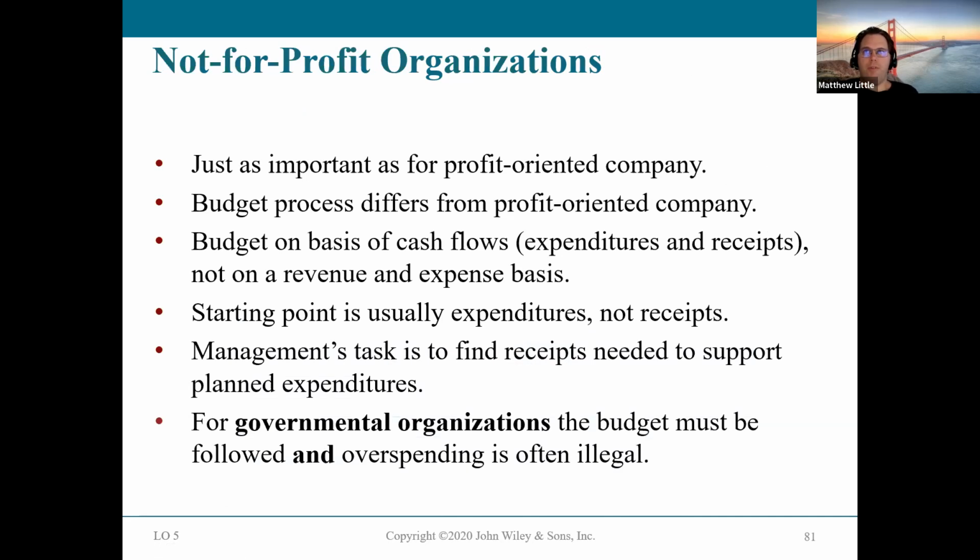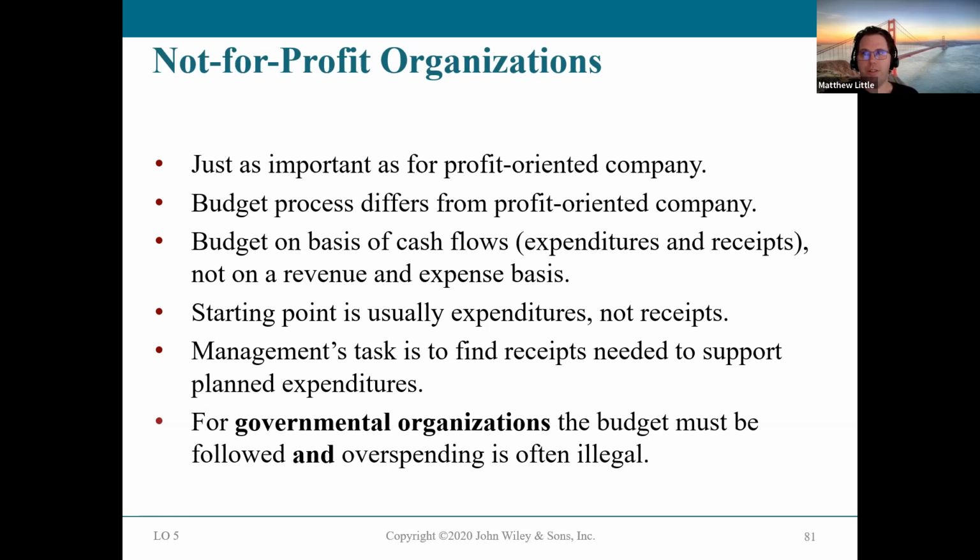Let's move on to not-for-profit organizations. It's just as important for a not-for-profit to have a budget as a for-profit, and sometimes even more so, because they're held to a higher level of accountability. They're spending donor money, federal money, grant money, whatever that might be. So they need to make sure that they have a good budget process in place to be good stewards of the funds under their control.